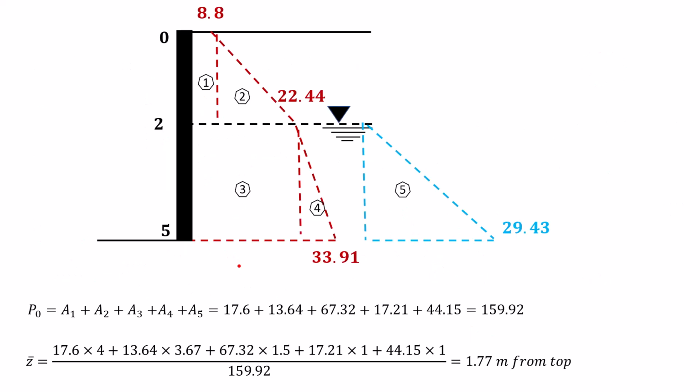You can see here. So the blue one shows the distribution of the hydrostatic pressure, which is below the groundwater table, and this one shows the effect of surcharge.